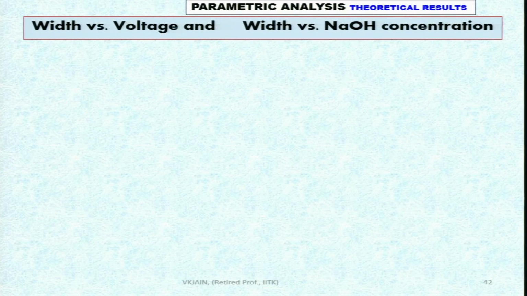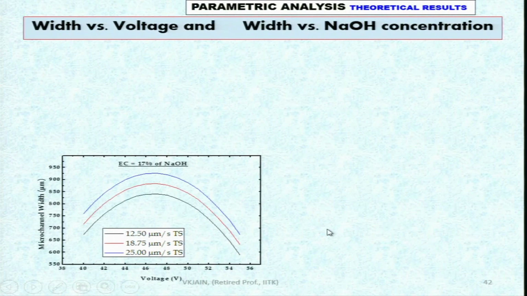Parametric analysis, theoretical results, width versus voltage and width versus sodium hydroxide electrolyte concentration. You can see here this is the voltage and this is the microchannel width. It is continuously increasing with increase in the voltage, but beyond a certain value of the voltage it starts decreasing due to the various regions, and these are the results for different feed rates, micrometer per second.